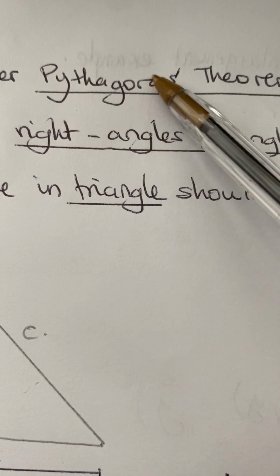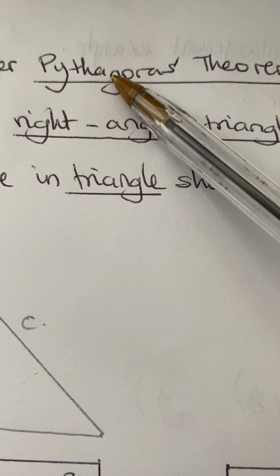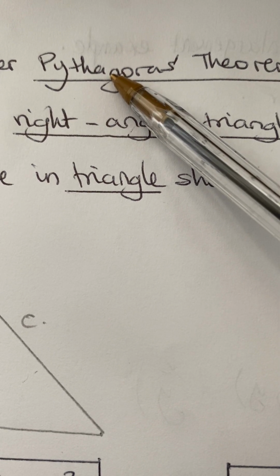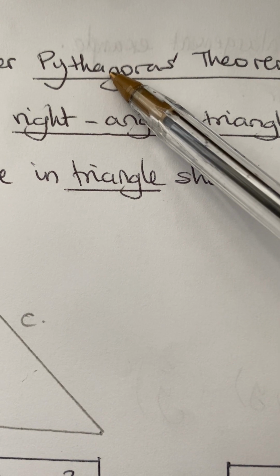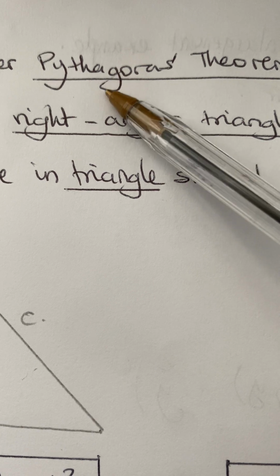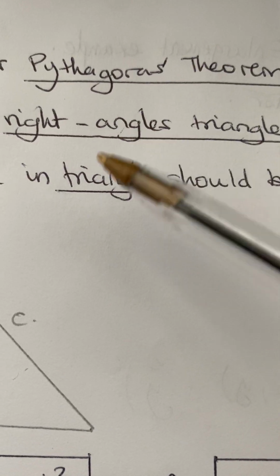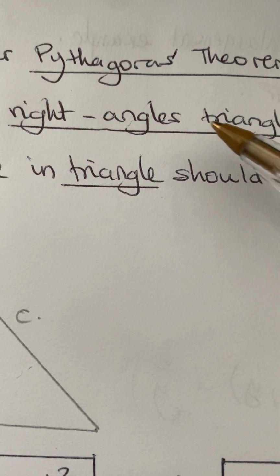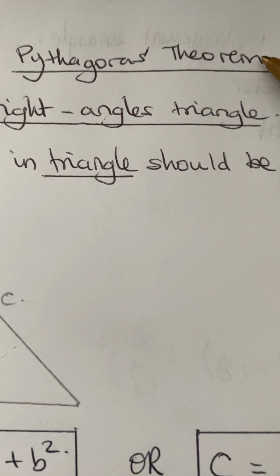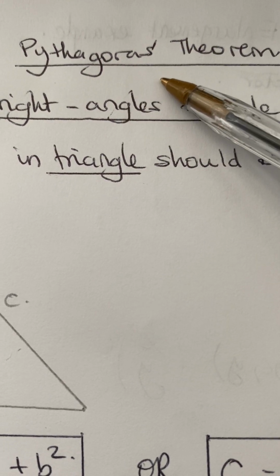Pythagoras was a mathematician. He lived around, I think, 580 to 500 BC, so at least he lived up to 80 years. He worked a lot on triangles, especially right angle triangles. He was the one who came up with the Pythagoras Theorem.